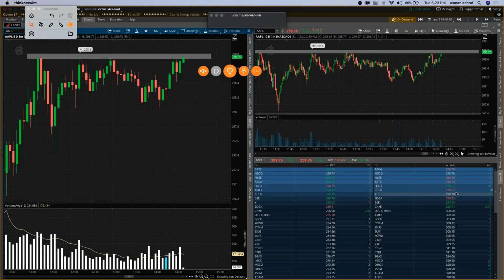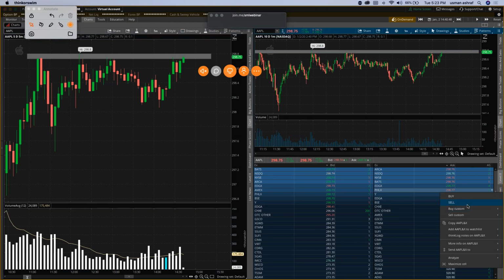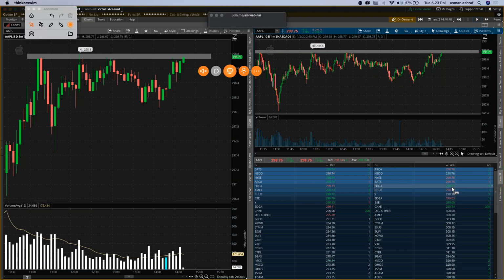If you look below this, you're gonna see that there are still some orders over here at 77. That means the sellers are still there, and they're still saying that if you come back up here, we're gonna smack you right back down. It's not that strong. We don't see 20s anymore, but it's still pretty strong.